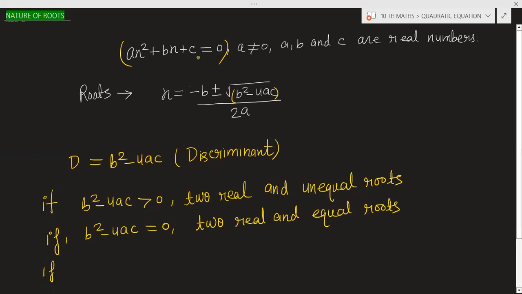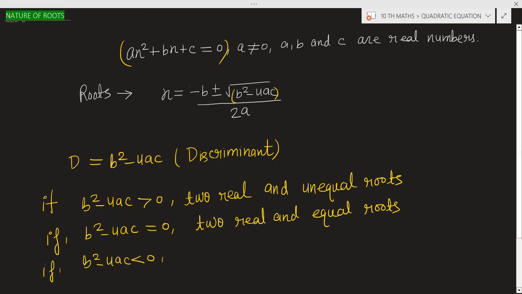If b square minus 4ac, now this b square minus 4ac will be some value. So this value can be greater than 0, or equal to 0, or it can be less than 0 also.